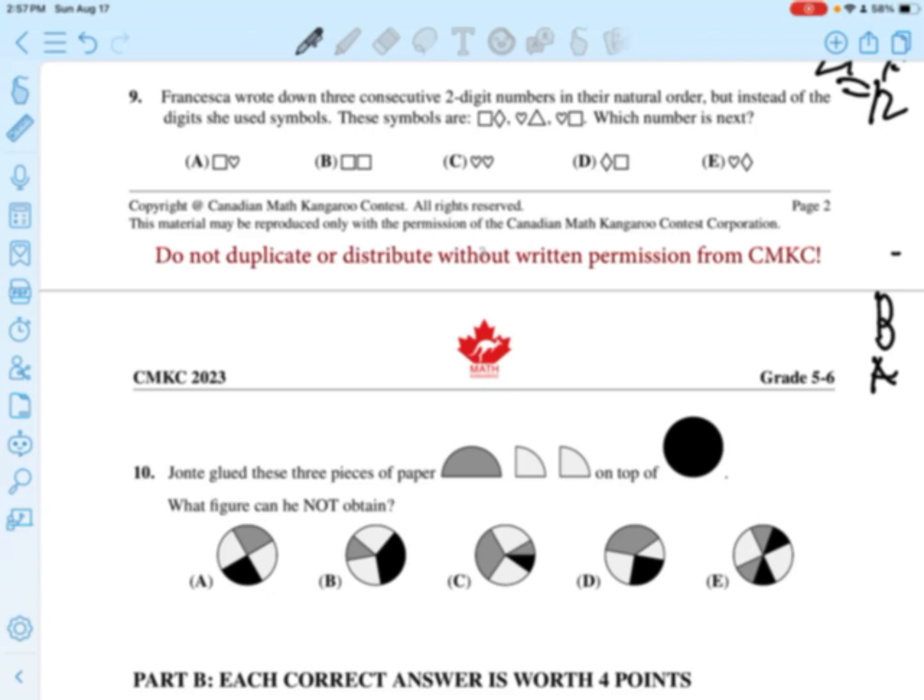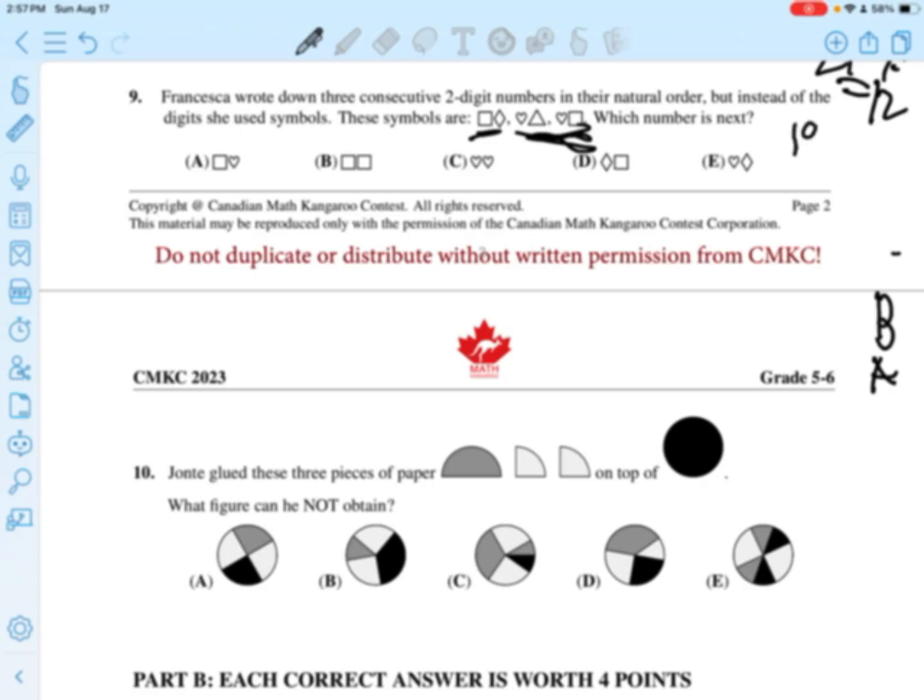So, as you can see, these two, the last 2 numbers that they gave us, have a heart as their first symbol, which means since they both have hearts, they're both the same value. And because this first number is a square, that means this is a different value out of all of them. So we can take that this square, just a trial and error.